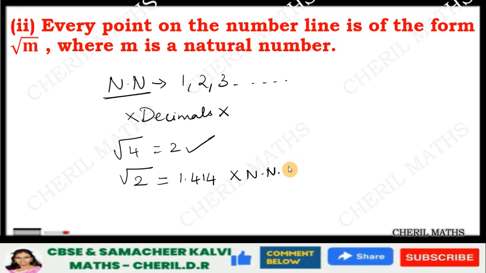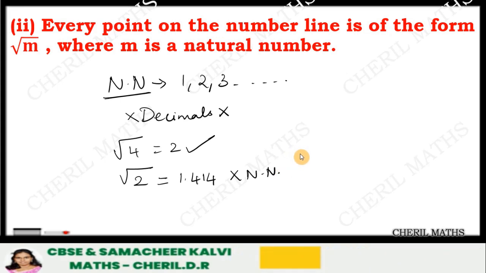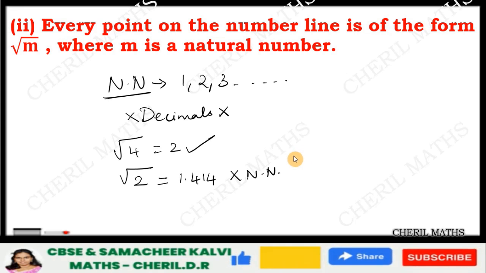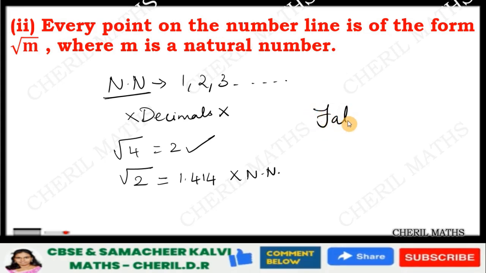So if every point on a number line is of the form root m, then you cannot say m is a natural number. So this statement is going to be false.